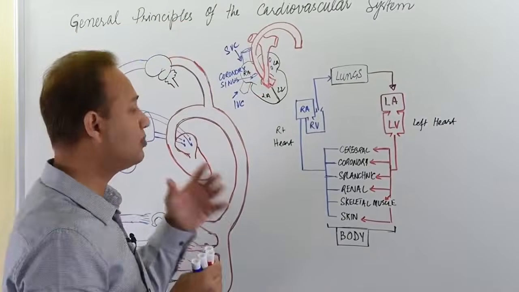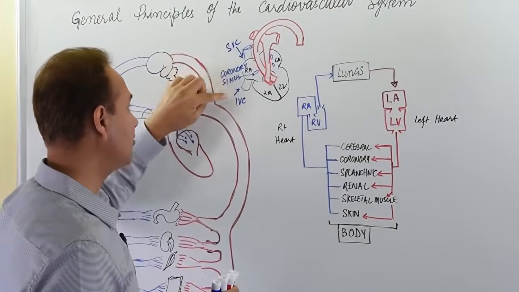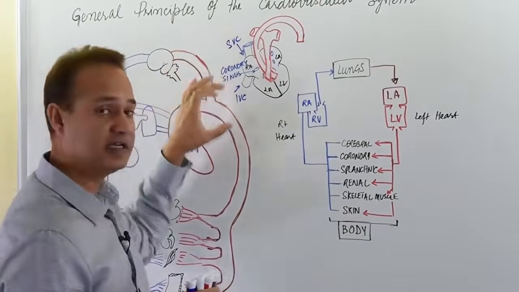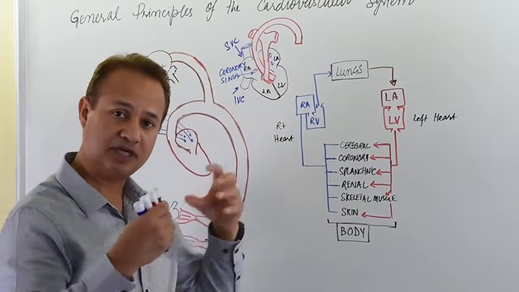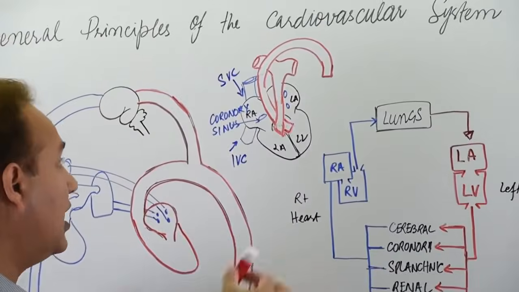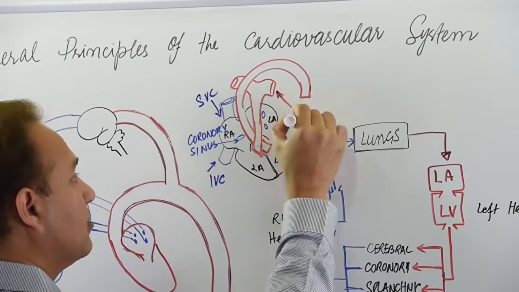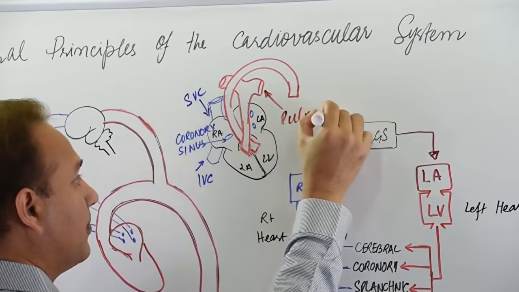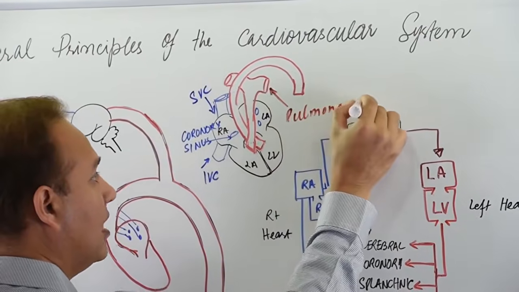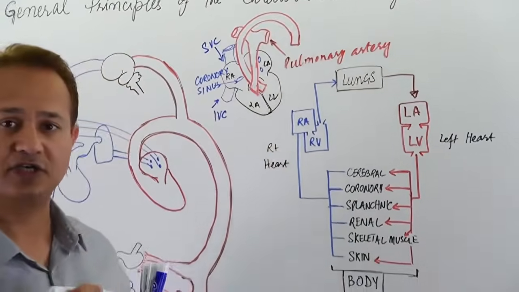So when the heart is pumping the blood, the vessels on the right side are superior vena cava, inferior vena cava, and the coronary sinus. They bring the blood that is pumped out through the pulmonary artery. So here a quick definition of artery.